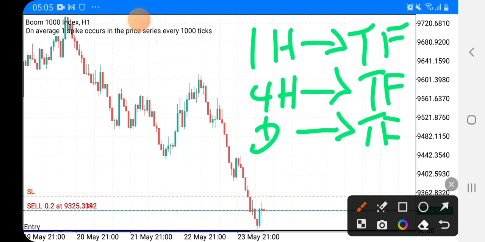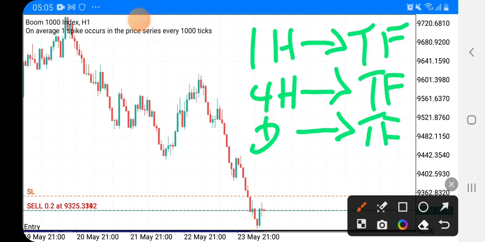If you want to use candlestick maybe for your entry or for your strategy or for confirmation, anything you are doing on boom and crash, as long as candlestick is concerned, should be from 1 hour time frame to maybe daily time frame.